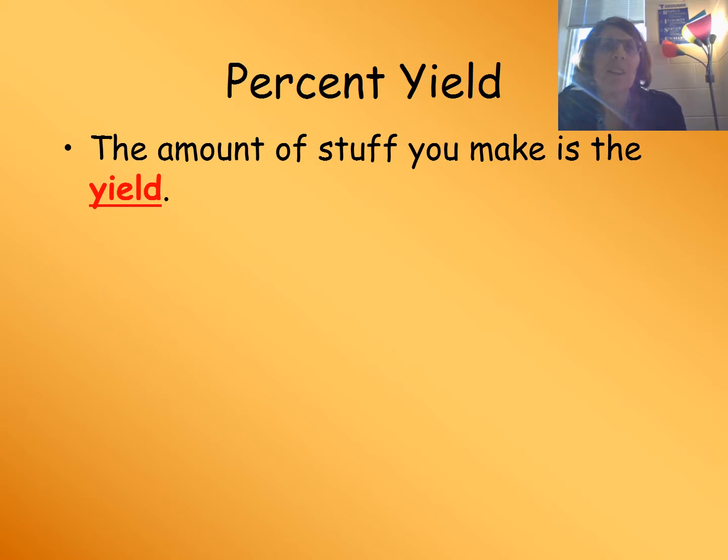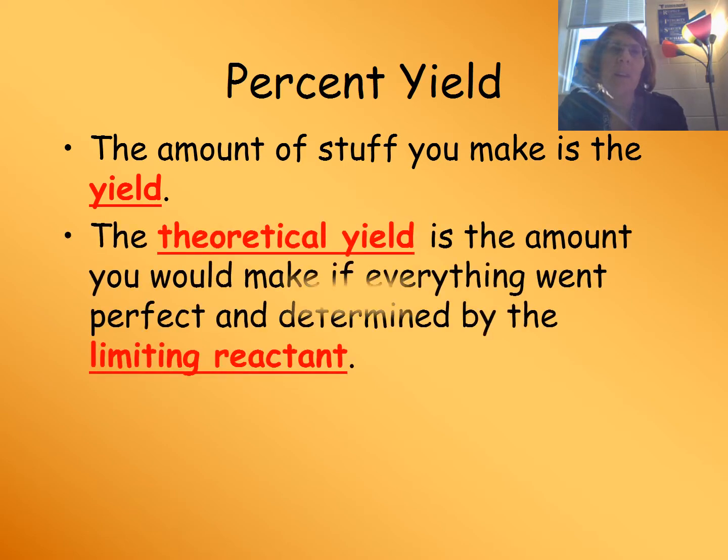So percent yield is the stuff that you make, like in a production line. It's like how much do I produce? The theoretical yield is the yield that you would get in the best case scenario, where nothing was lost, and this is always determined by your limiting reactant.